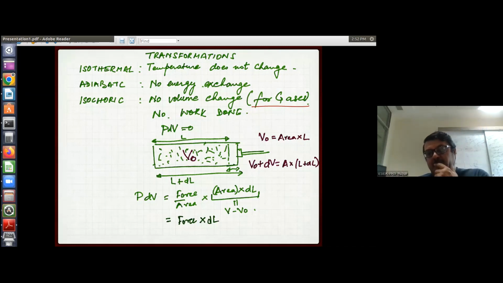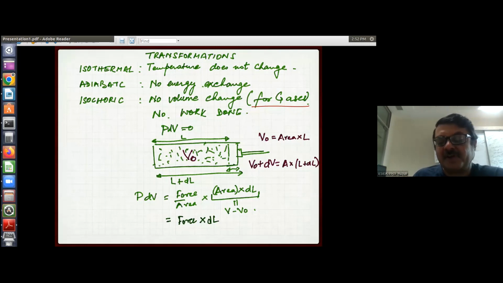If the volume remains constant, that by default means no work is done because the piston is not moving into the jar or out of the jar, so there's no work done, right? So it by default means PdV equal to 0, and PdV is work done.